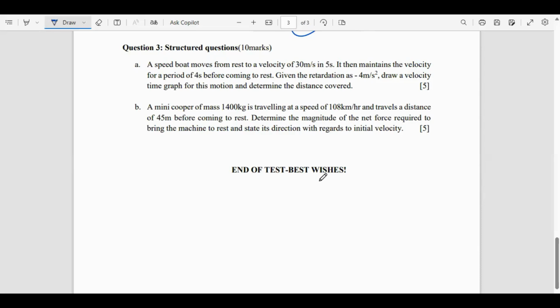Given the retardation as -4 meters per second squared, draw a velocity time graph for this motion and determine the distance covered.